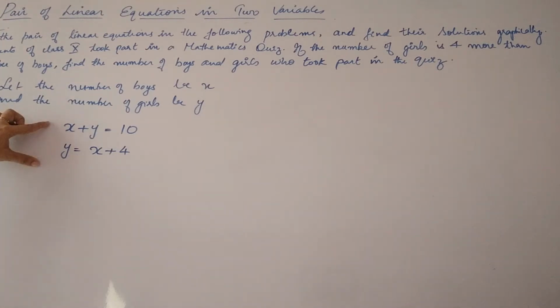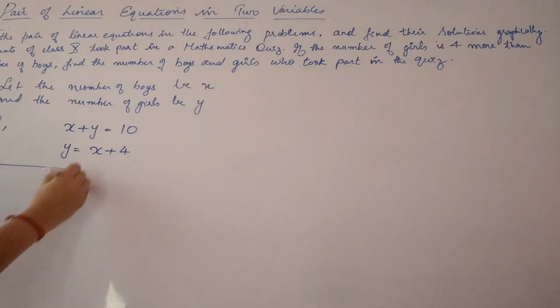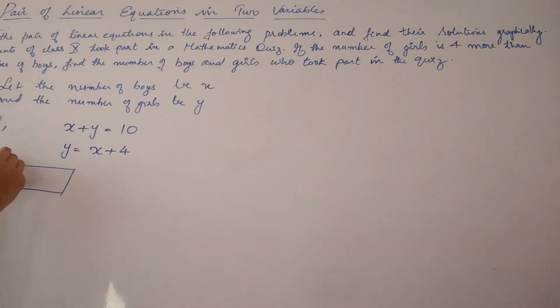Find the solution means you have studied the graphical solution. So we will go for the graph of these two equations. First we will make it for one equation, that is x plus y equal to 10. We take x and y values: when x is 0, y will be 10, and when y is 0, x will be 10.